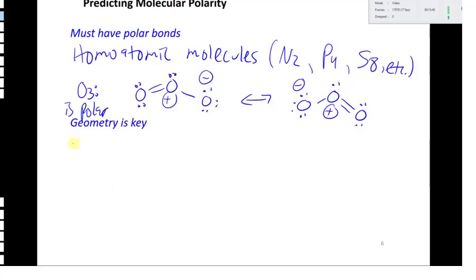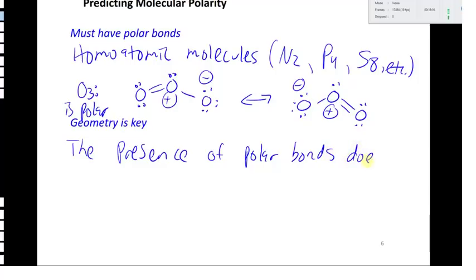So just because you have polar bonds, the presence of polar bonds does not necessarily mean the entire molecule will be polar. All right? So that's an important point to get out right in the open, that we can't just look at the chemical formula and say, oh, that molecule has polar bonds, it must be polar. It's not that simple. The presence of polar bonds does not guarantee that a molecule will be polar.